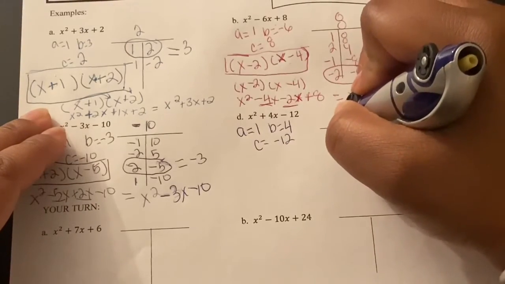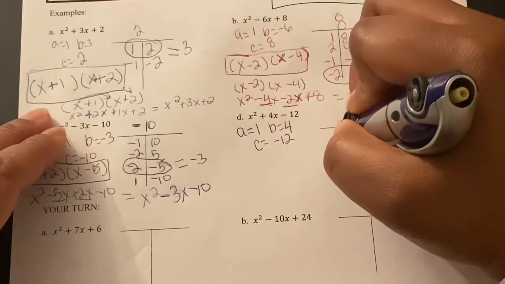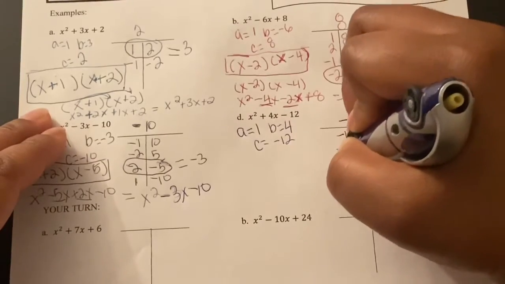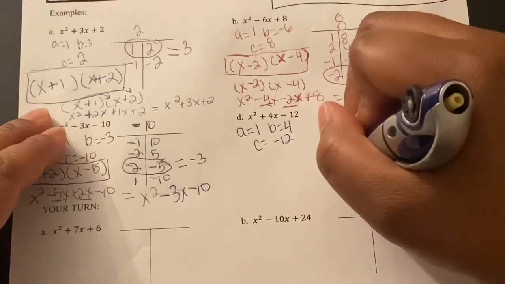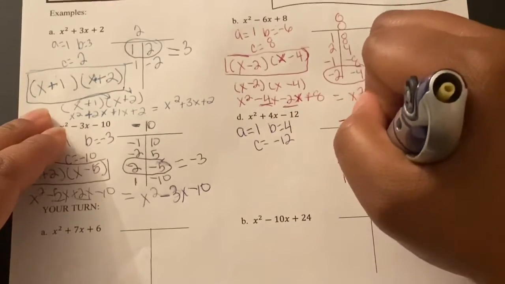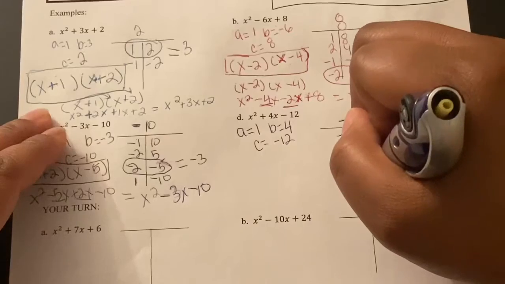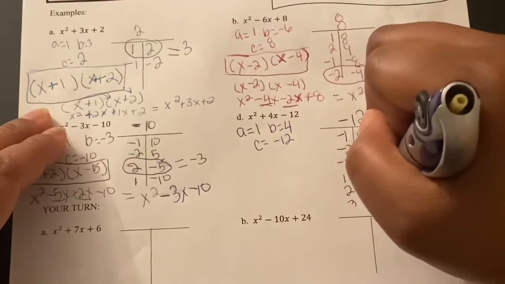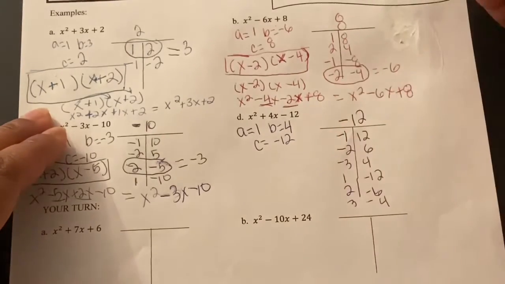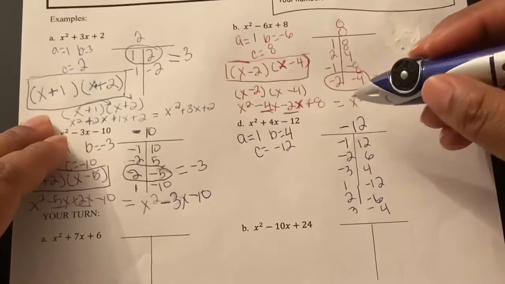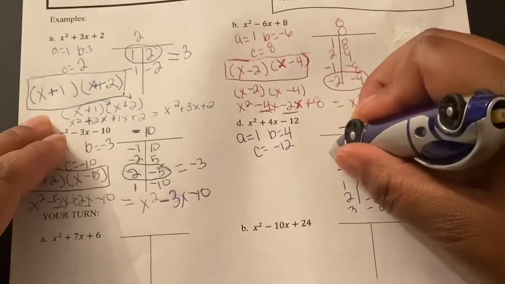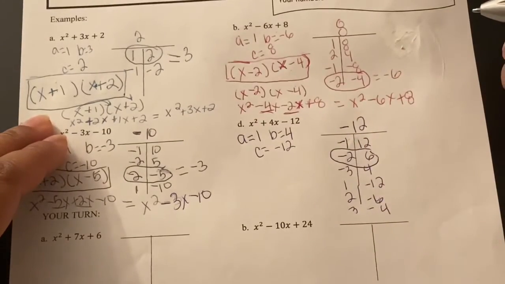We can have -1 and 12, -2 and 6, -3 and 4, or we can have 1 and -12, 2 and -6, or 3 and -4. Okay, all I did was flip the signs. Well, which one adds to make 4? That would be -2 and +6.